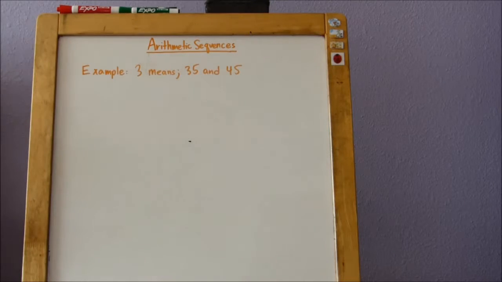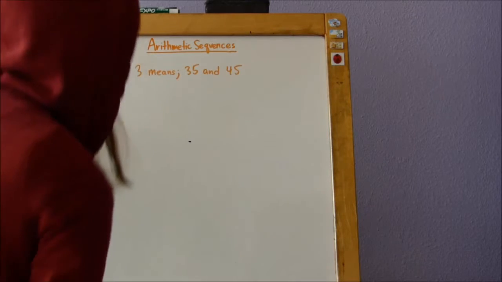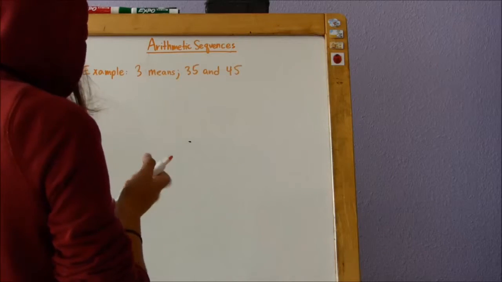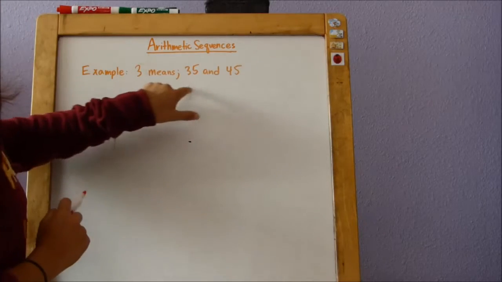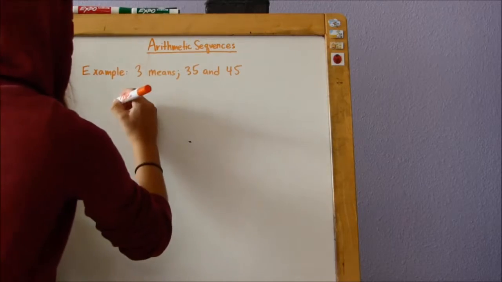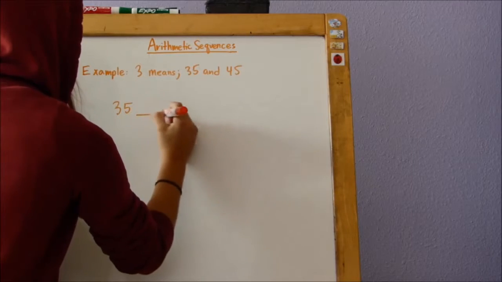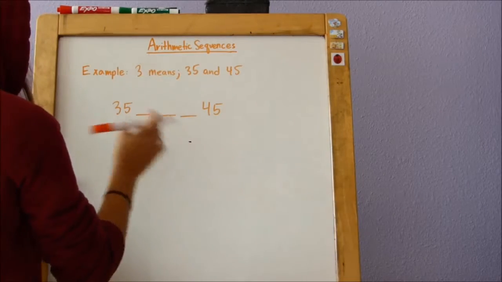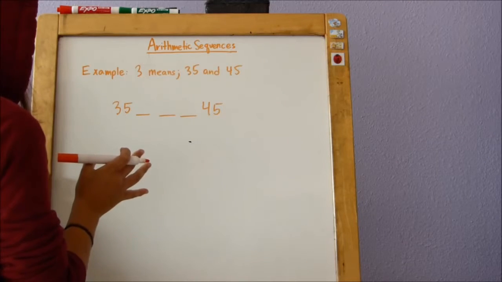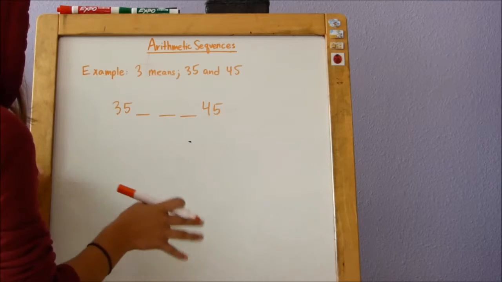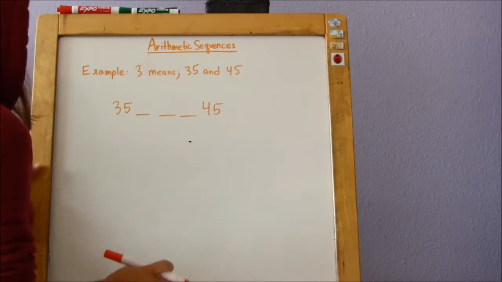Our next example is a bit harder than the last one, but it is still manageable. The example says 3 means between 35 and 45. What this means is that there are 3 numbers between 35 and 45 that we don't know, and we have to figure out what they are. You could always solve this using guess and check, but there is a way to do this using the explicit formula.